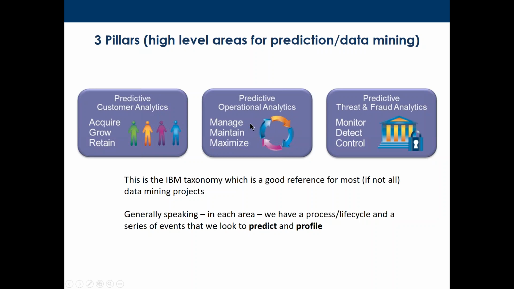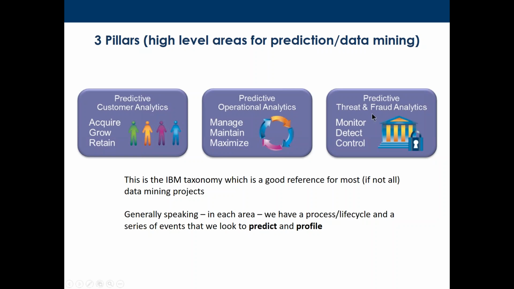The second, and probably the area that's growing the most at the moment, is what we tend to call operational analytics. So this is where, rather than analyzing people as the unit of analysis, we're analyzing machines and sensors and what's increasingly called the Internet of Things, though it isn't always that. So we're potentially looking to manage, maintain, and maximize uptime and productivity in operational environments.